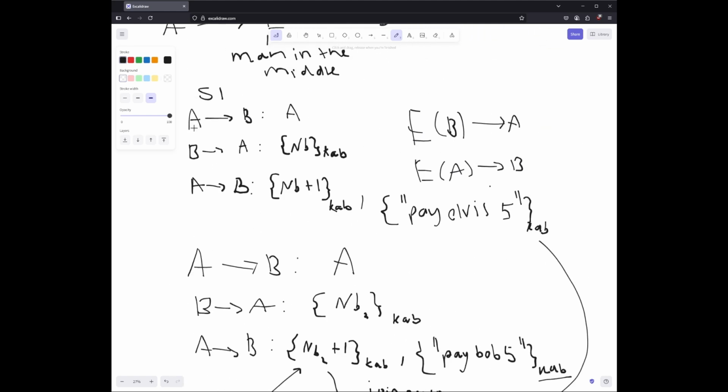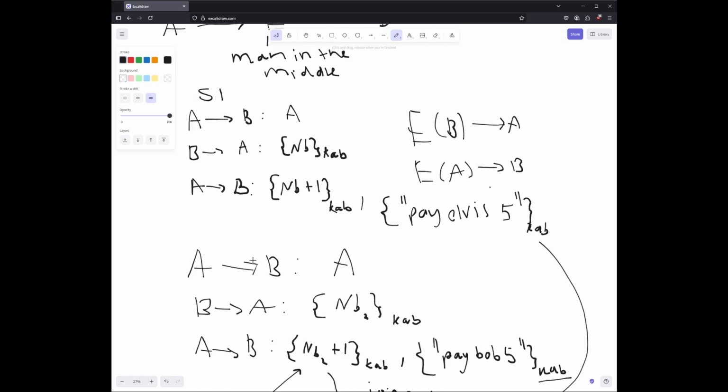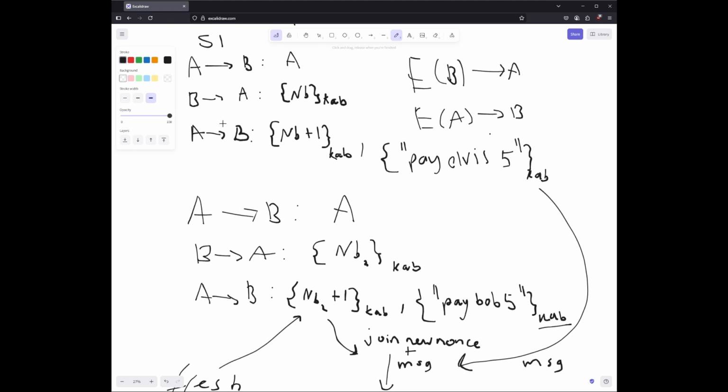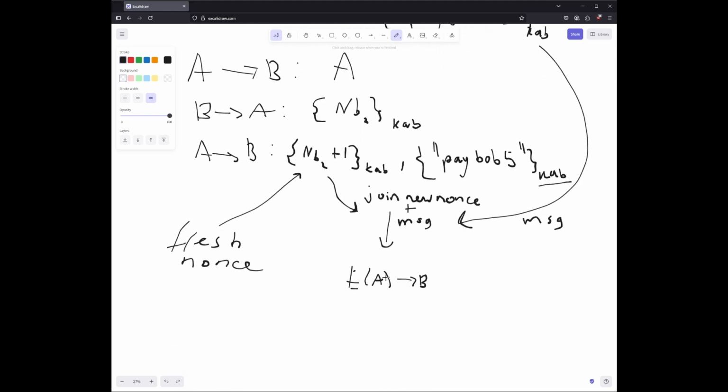And remember, this whole time when I do A to B, B to A, remember that Elvis is going to be within all of the middles of these. Like Elvis is going to be in the middle, in like that arrow, like right here. Elvis would be here, like sending those messages back to B and so forth.